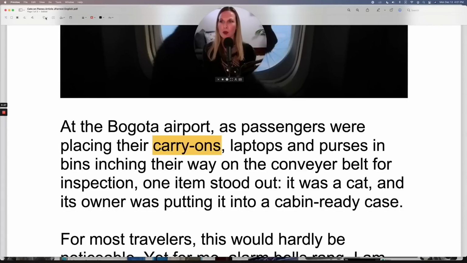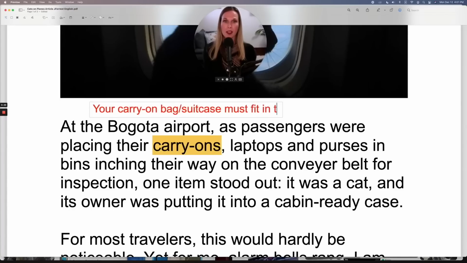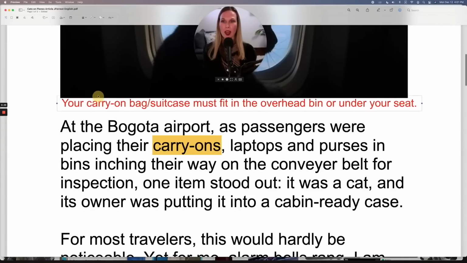So let me just write that here. Your carry-on bag or suitcase must fit in the overhead bin or under your seat. And then we have larger suitcases.